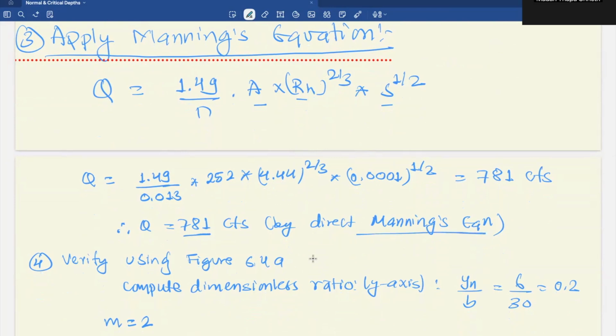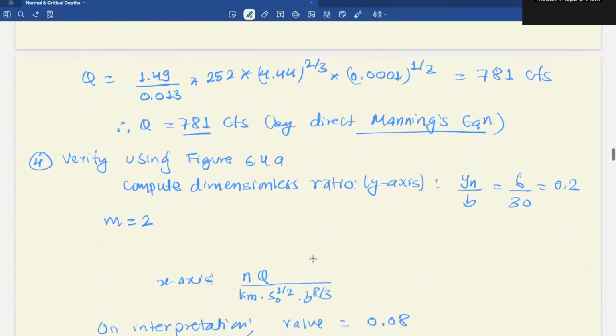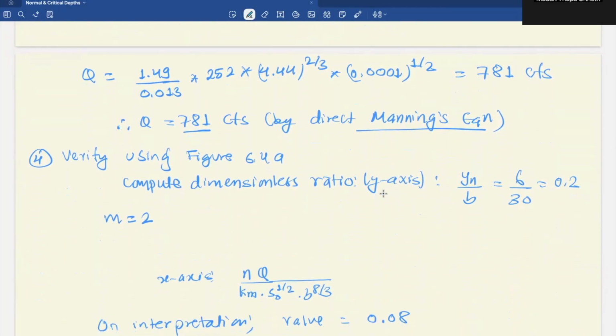Similarly, like I already mentioned, we can compute the discharge or compute a normal depth from the graphical method as well. So for y-axis, it was given yn divided by b, because yn, our normal depth, is 6 feet, and b is our 30 feet, so that gives us 0.2.